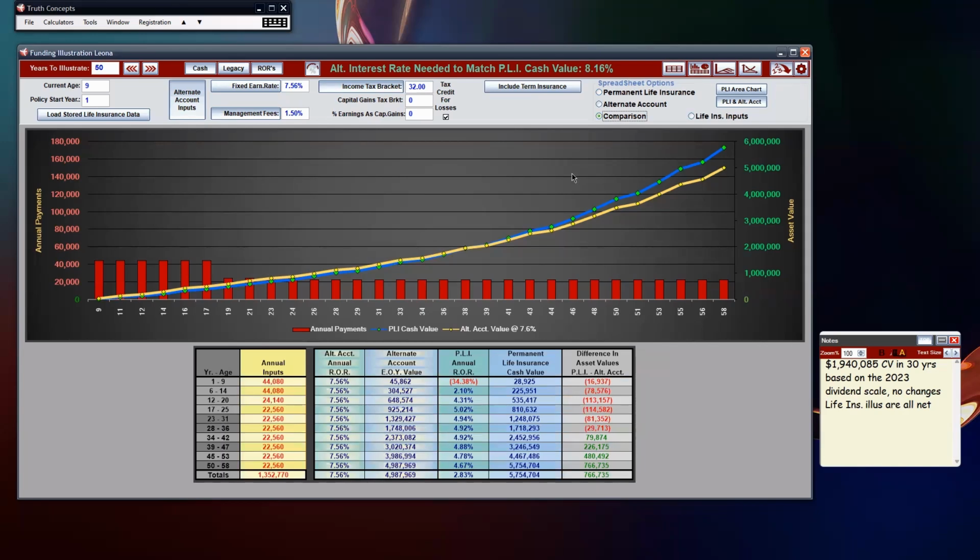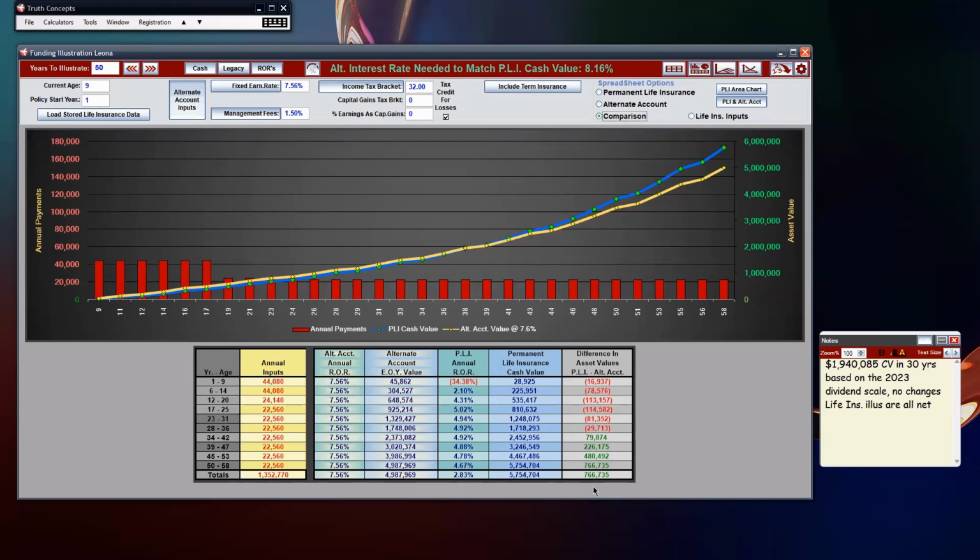So here in this comparison, we can see our alternate account end of year value of a little less than $5 million, $4,987,000, and the life insurance policy at $5.7 million. So the life insurance policy actually has $766,000 more dollars in it at that point in time, even though on the front end it was a little bit behind.